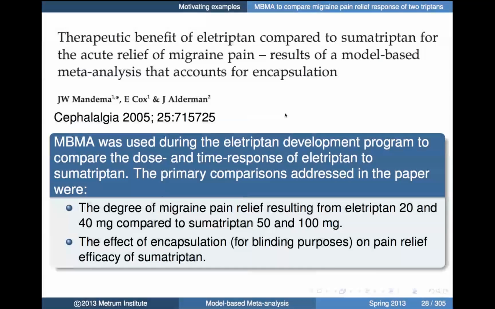So they were looking at the dose and time response of elatriptan compared to sumatriptan, and this just mentions the primary comparisons they're focusing on.